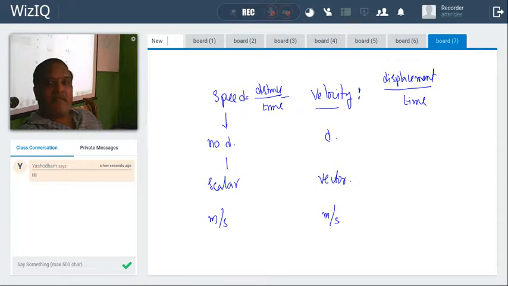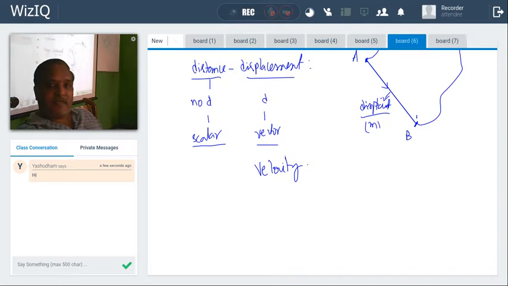Suppose you take the same example. The body is moving from A to B in this path. In this path, we call it a distance. The same body is traveling from A to B in this direction. This also has speed, and in the other case also it has speed.